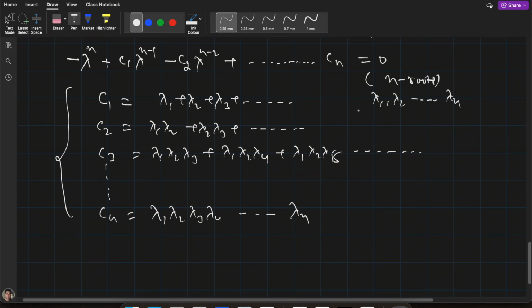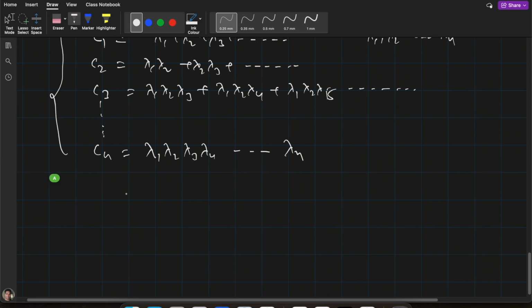Okay, and these coefficients are called invariants. Why is it called invariants? Do you have any idea? What does it mean by invariants?